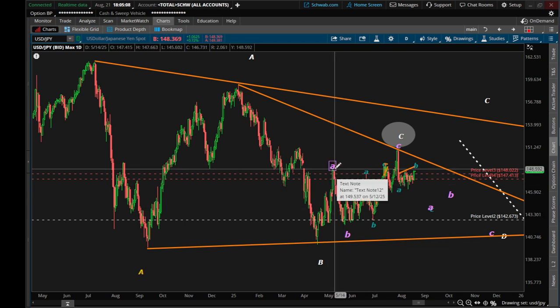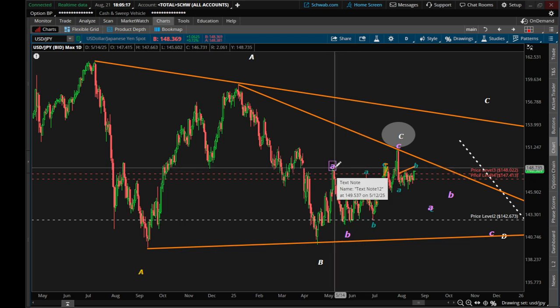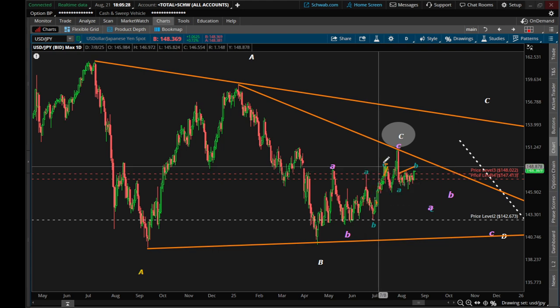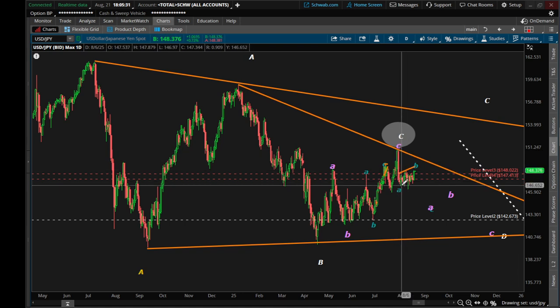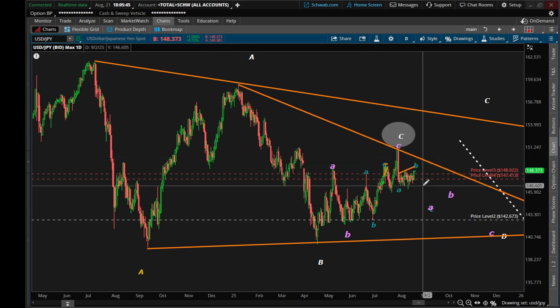This should have been a minuette and sub-minuette color, but I already broke it down to the lesser degree of sub-minuette. So usually I just start over with the color coding: purple being the highest, blue being a degree lower, and so on. But don't get too focused on that. I can change that up later and fine-tune that for the next video. This is really just showing you the moves, our 3 counts into this C leg and the subdivisions. So let's go down to the 4-hour time frame.